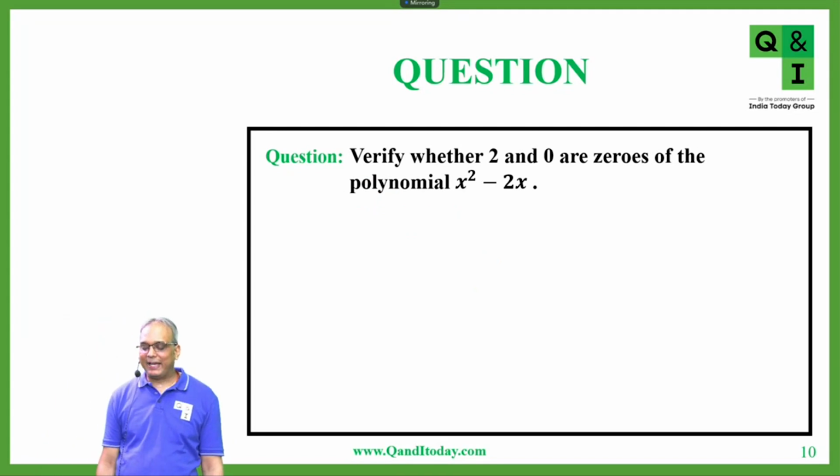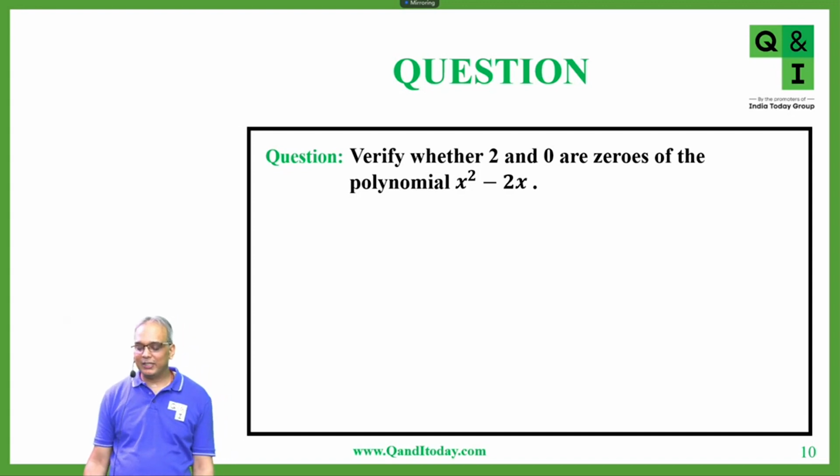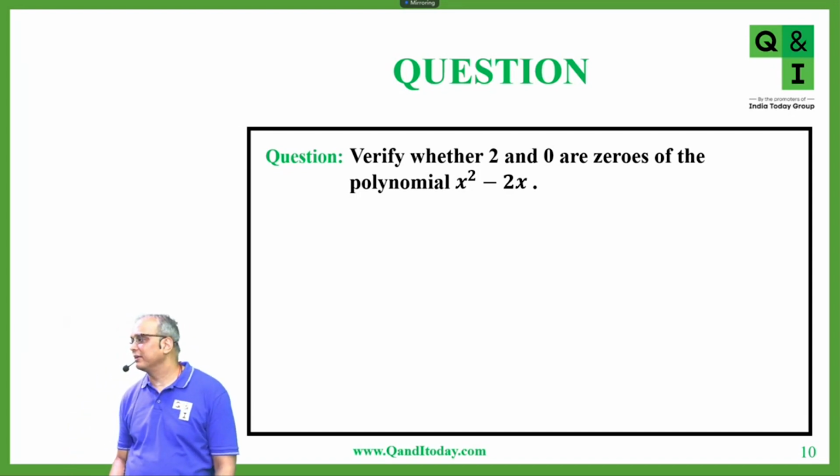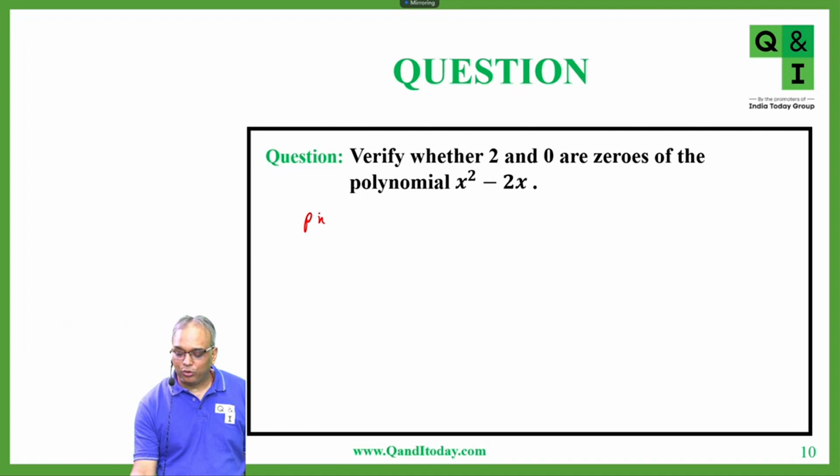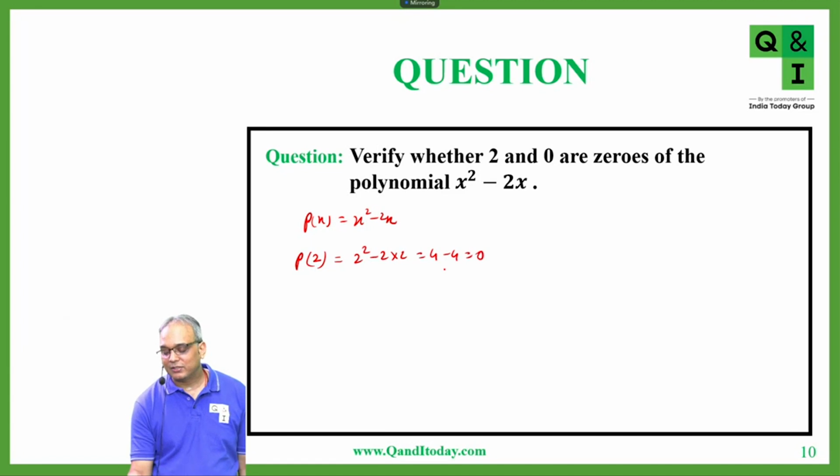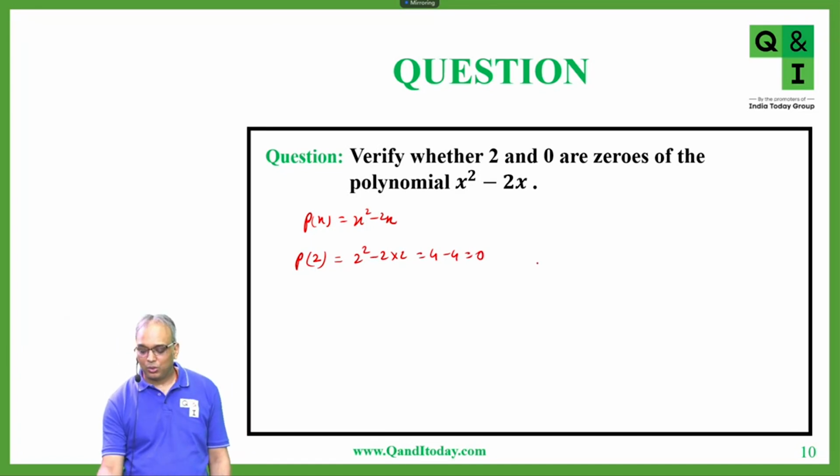We have to verify whether 2 and 0 are the zeros of the polynomial or not. So we'll have to check it for both values of the variable. The polynomial p(x) is given as x square minus 2x. To check whether x is equal to 2 is a 0 or not, we'll put p of 2, 2 square minus 2 into 2, 4 minus 4, which is 0. So that means x is equal to 2 is a 0 of the given polynomial.